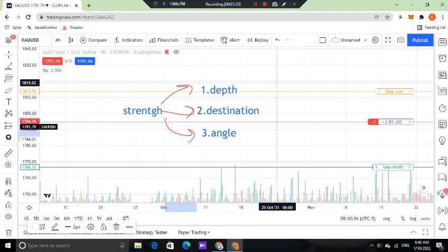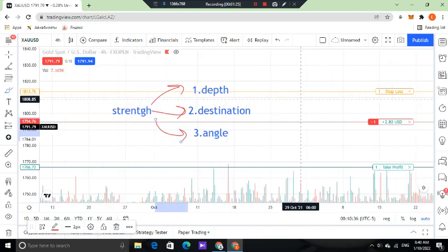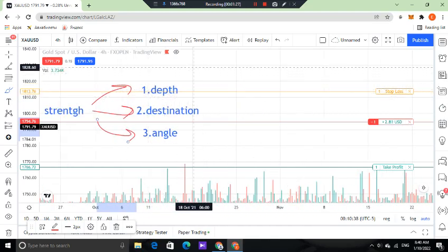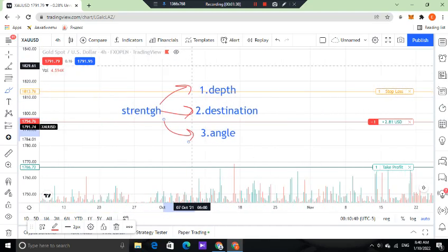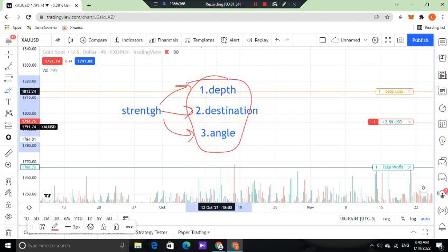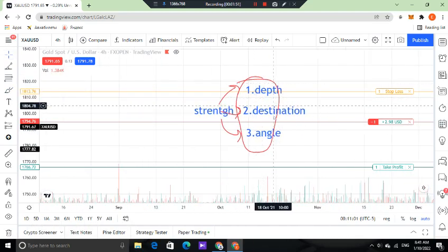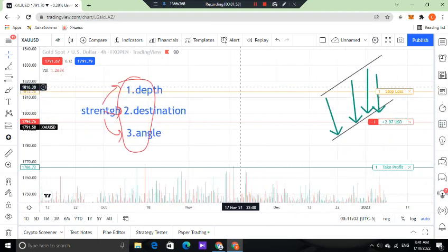I want to talk about the essence of this concept. When we have a trend line, these three work and are practical in a trend market. So what are these? First of all, I want to talk about depth.